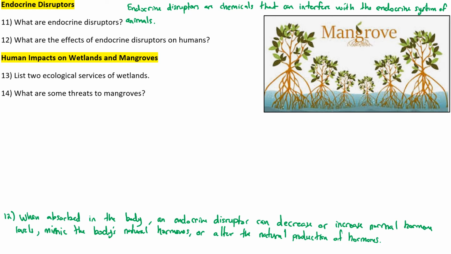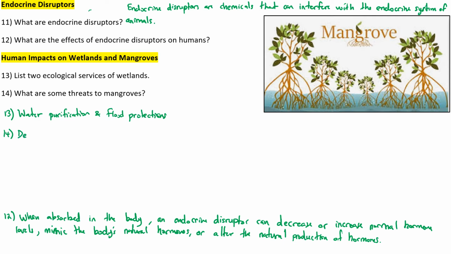Number 13. List 2 ecological services of wetlands. So, water purification, and flood protections and protection of habitats. Then 14. What are some threats to mangroves?